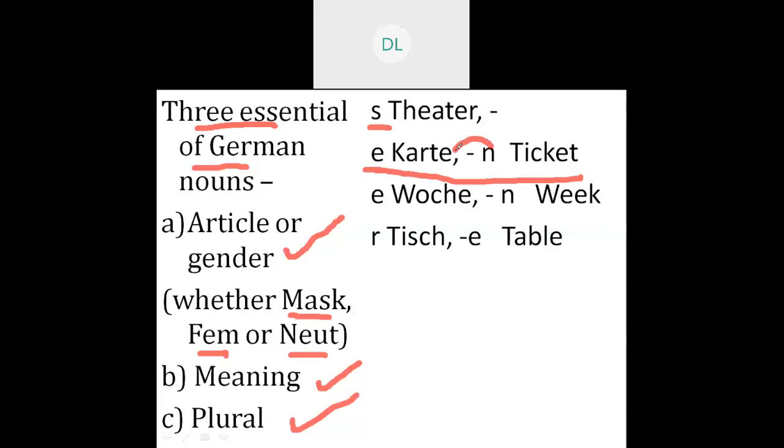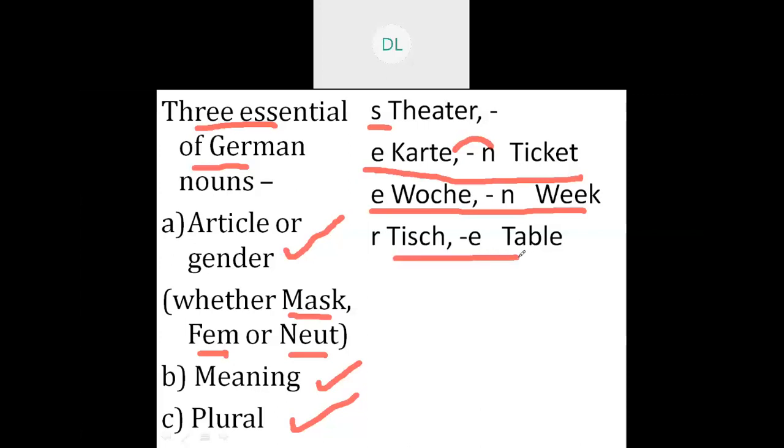So with every noun, whenever you are learning from your books or dictionary, they will specify whether it is R, E or S, whether it is der, die or das, masculine, feminine or neutral. Like here in the next example, I have an E before the noun, so it is feminine. The noun is Woche. Woche means week. When I add this n, that will be Wochen, that is the plural.